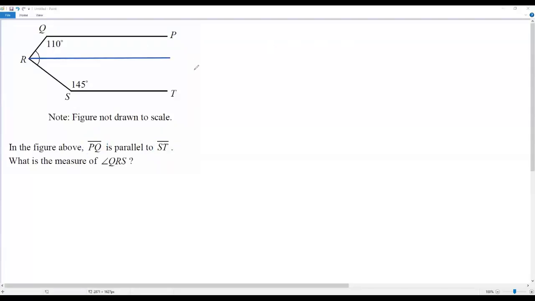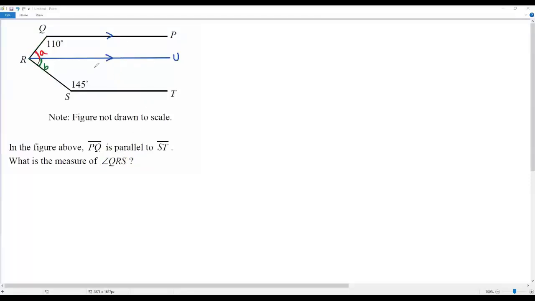Here I have drawn another line segment and I named this point as U. Please assume the third line segment I have drawn now, RU, is parallel to both PQ and ST. And also I name this angle measure as A, this angle measure as B. Okay, now my aim is to get the angle measure A over here and B over here. When I add them, that is A plus B, will give us the measure of angle QRS, which is required by the question. Okay, now let's find the measure of angle A first.